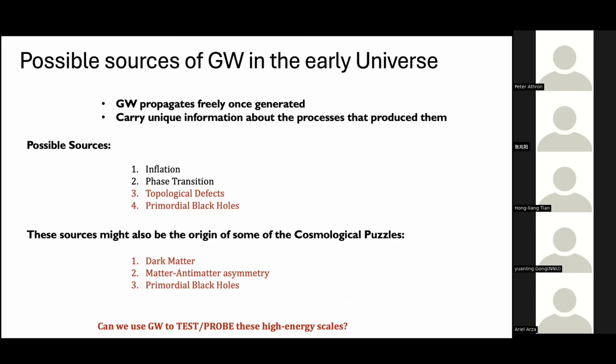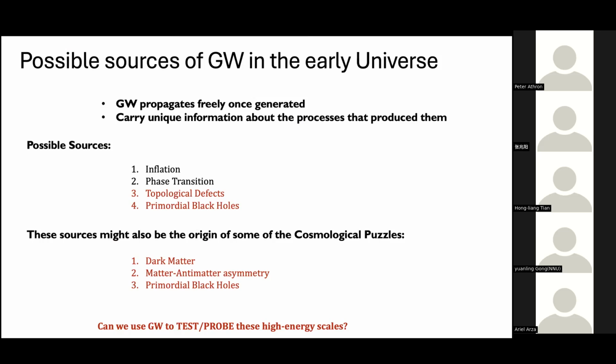It can be generated at the time of inflation. It can be generated if the universe went through some phase transition, or if there exists some kind of topological defect in the early universe. It can also be generated from primordial black holes if they existed in the early universe.